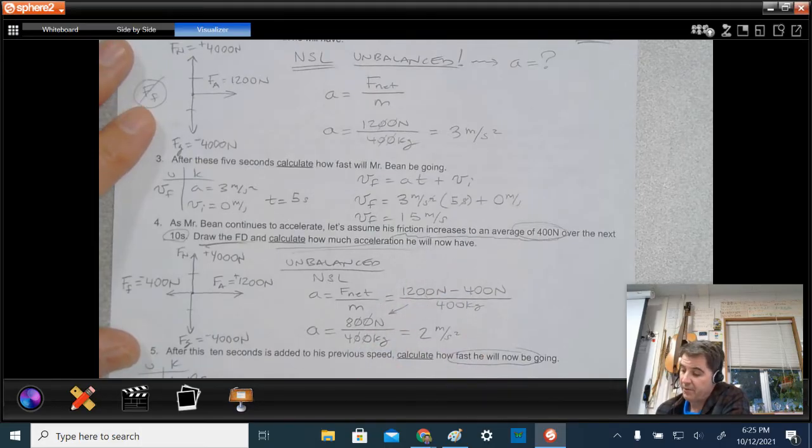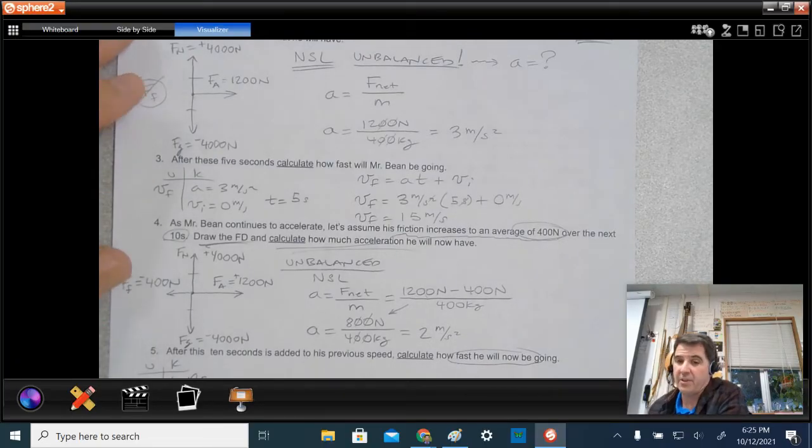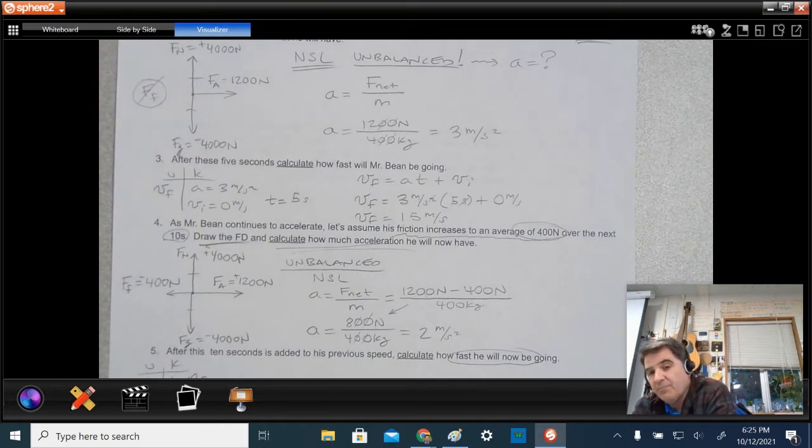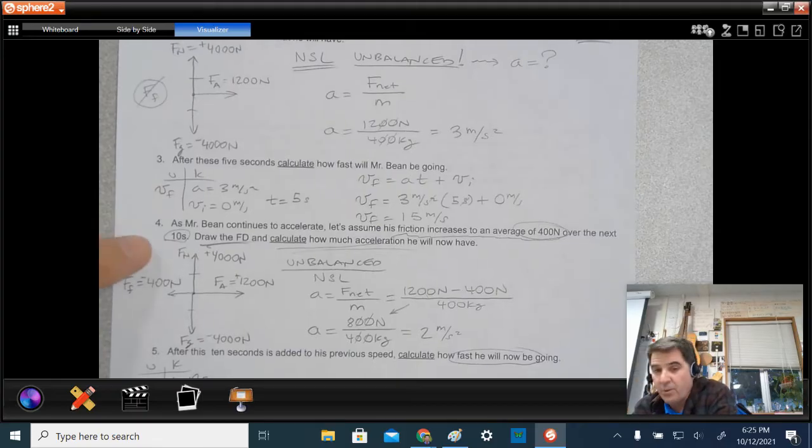So this can be a kind of confusing worksheet, but it will be the same way on the test. If you're following along with the story, it's not that confusing. Mr. Bean is at a stop sign. He's not moving. Mr. Bean begins to accelerate with very little friction, zero friction in part 2. And then we get to question 4.